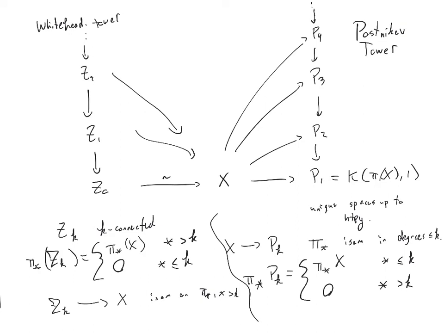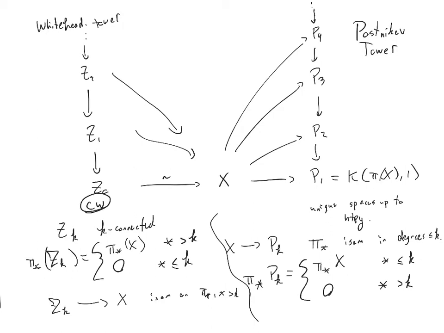Cool. And those are kind of like the dual pictures of these things. So we will talk a little more about how these things can be constructed, but know that on both sides these are CW.